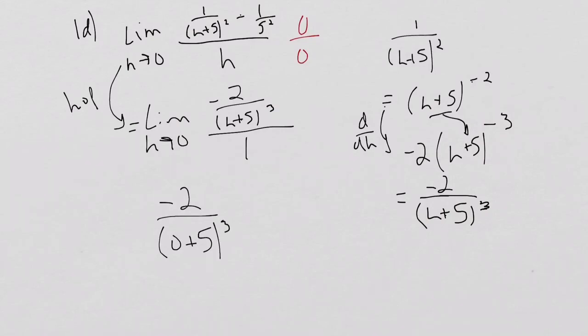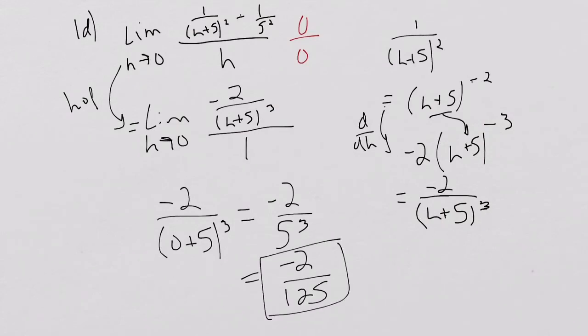Dividing by 1 doesn't change anything, so I'm not going to write it because it divides out. And then that just gives me negative 2 over 5 cubed. And you should know that 5 cubed is 125. And that's my answer.